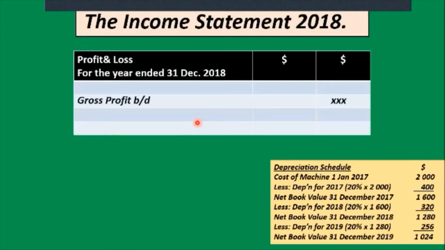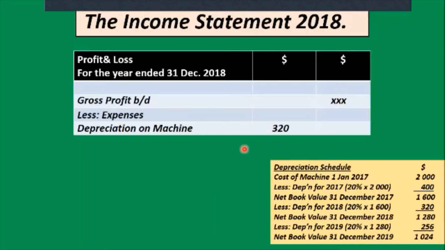Again, our gross profit is brought down, and then we less our expenses. Depreciation will be one of the expenses, 320. Our other expenses would come underneath, and then we'll add it up and get our total expenses, the minus from the gross profit to get our net profit. Okay, so this is how you record 2018.